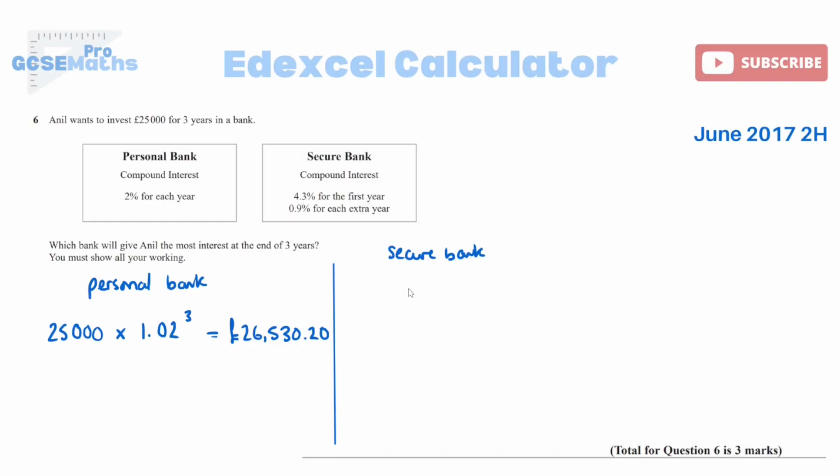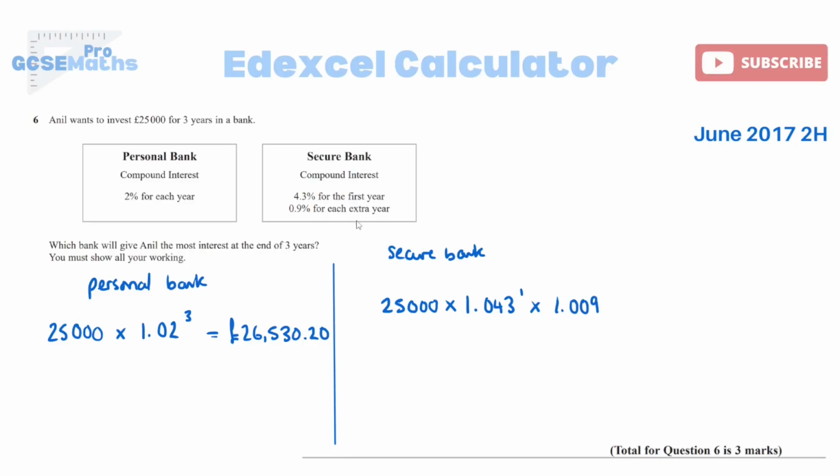Now for the other option, we have to do it in kind of 2 steps. So we've got obviously 25,000 again we're starting with. The first year we're going to multiply by 1.043. Technically that's the power of 1, isn't it? 'Cause it's only 1 year. That doesn't really make any difference, so you can put the 1 or just not. But effectively it's for 1 year. You can work this out in 2 steps, or you could do it all in one calculation. And then for the next few years, we've got 1.009, because we're adding 0.9% to 100, basically, as a decimal.